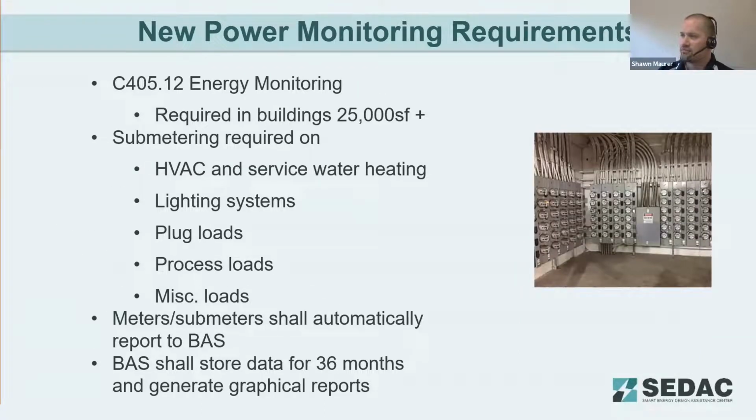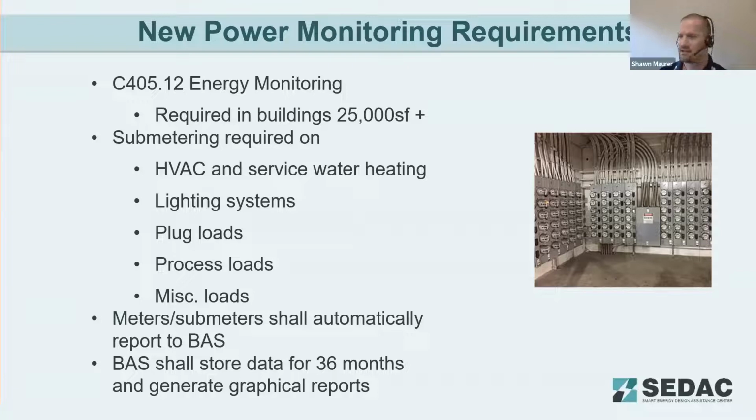In terms of power monitoring requirements, this has been added and expanded in the 2021 IECC. So energy monitoring is required for buildings greater than 25,000 square feet. Submetering is required for HVAC systems and service water heating, lighting systems, plug loads, process loads, and then miscellaneous loads, other circuits. That needs to report to the BAS and needs to store that data for 36 months, 3 years, and generate a graphical report.